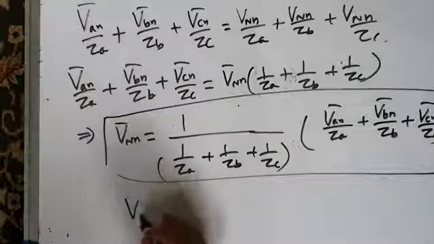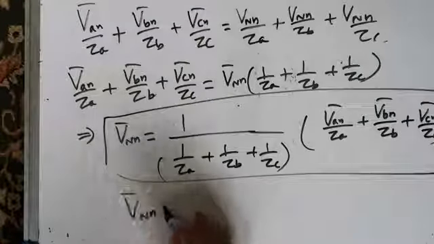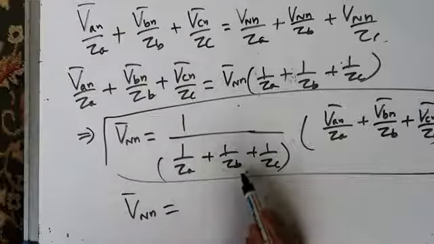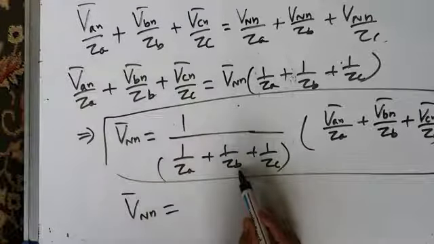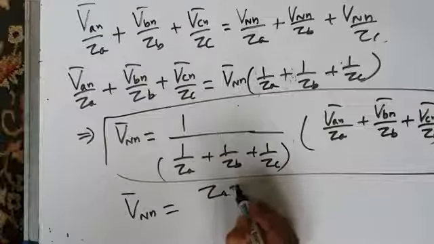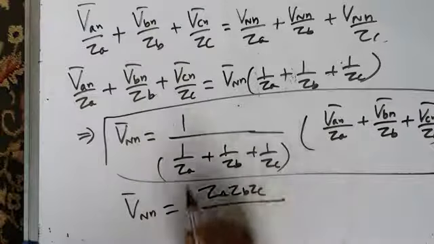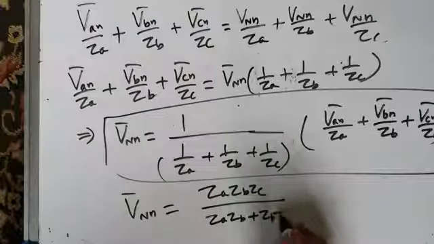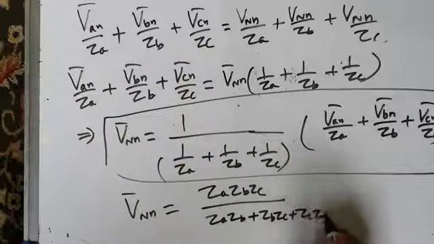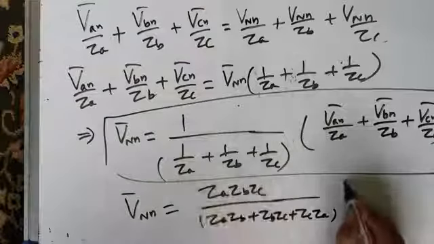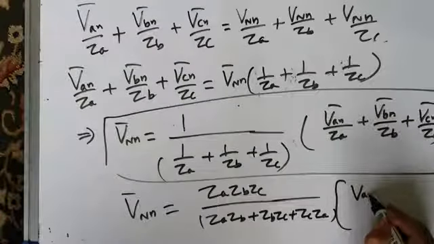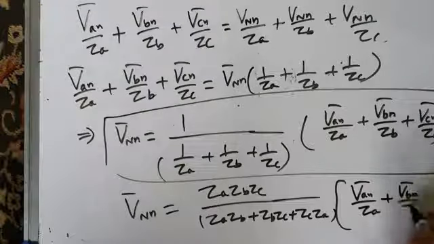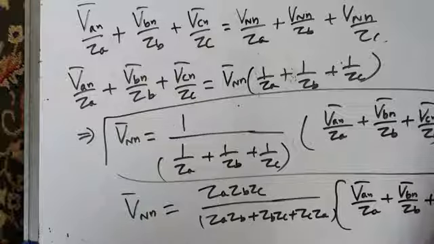Or you can also write this neutral to neutral voltage like this. If you take LCM, LCM is ZA, ZB, ZC, and you take that up, that will be ZA ZB ZC divided by ZA ZB plus ZB ZC plus ZC ZA, multiplied by this VAN by ZA plus VBN by ZB plus VCN by ZC.